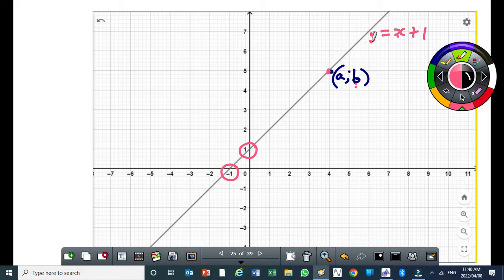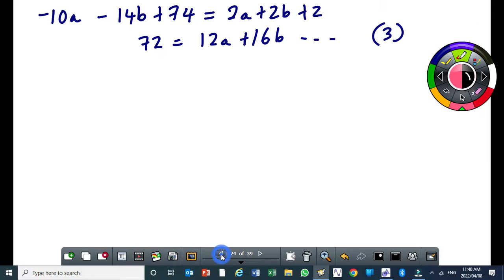If I substitute those two, we will end up having a new equation. Remember, y is equal to x plus 1. But at the center, y is b. Sorry for that. Sometimes technology can cause issues.